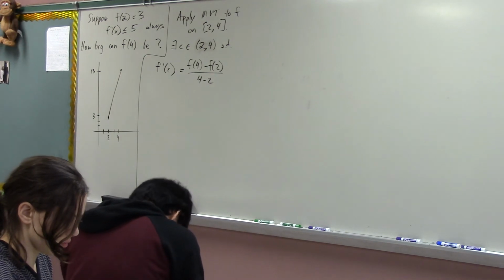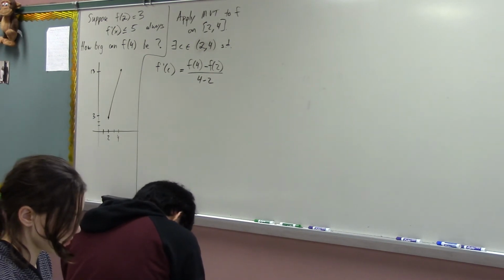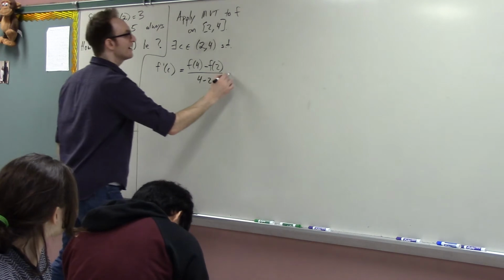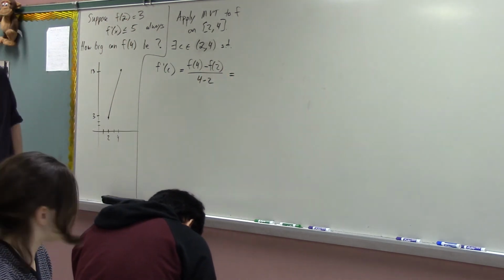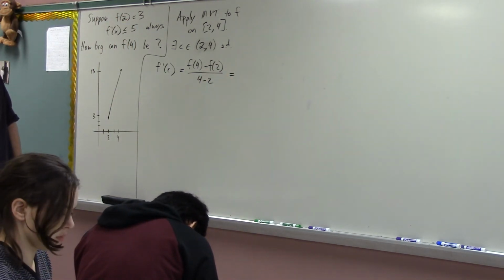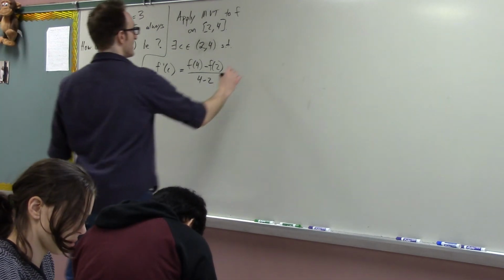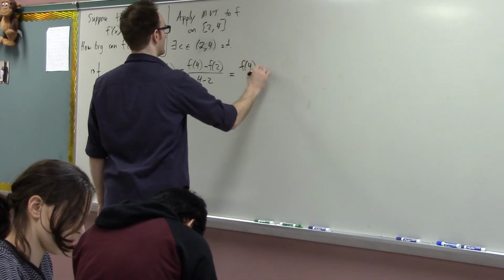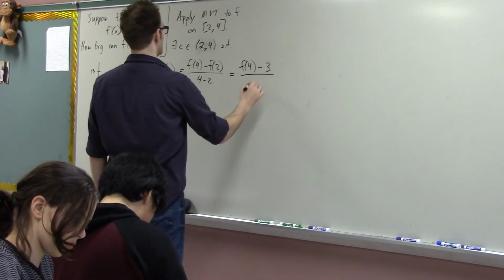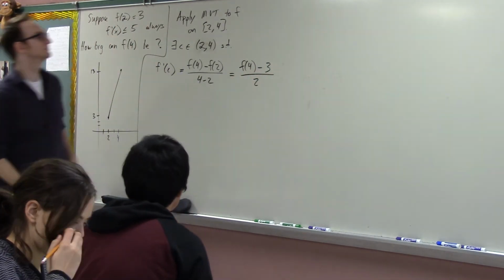Do you agree? Okay, but now what is this really? What is f of 4 minus f of 2 over 4 minus 2? Well, that's just f of 4 minus 3 over 2, right?